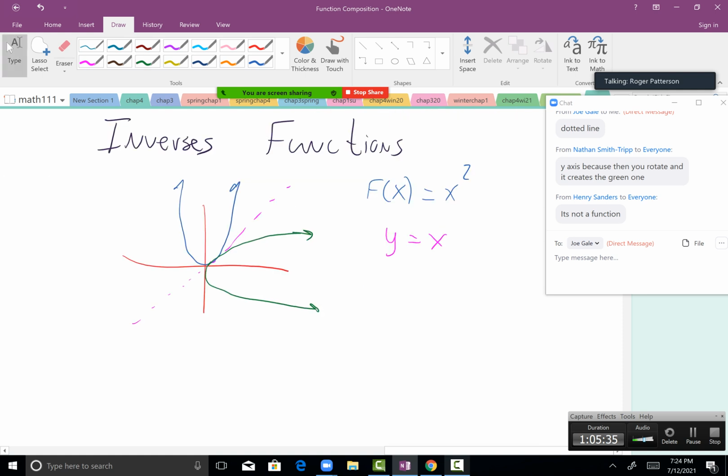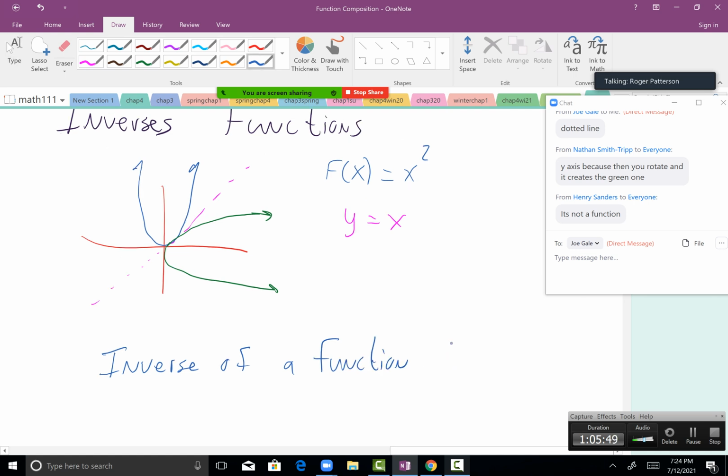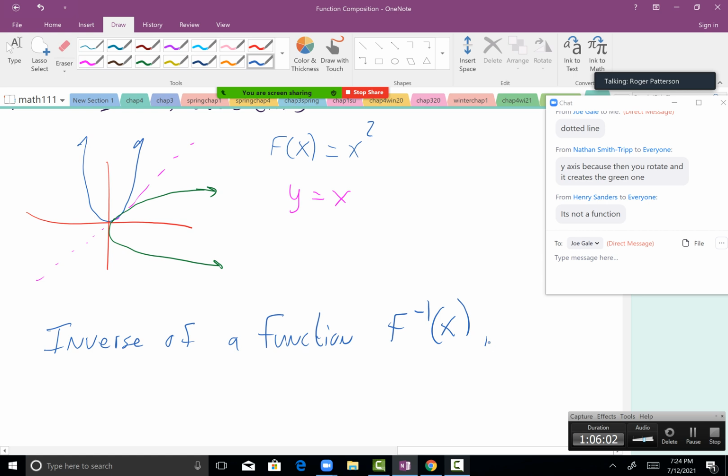So the inverse is always a reflection. An inverse of a function, and I'm just going to call this f with a little -1 like a power. That's the symbol for that. The inverse of a function, f inverse of x, is a reflection of f of x over y equals x.